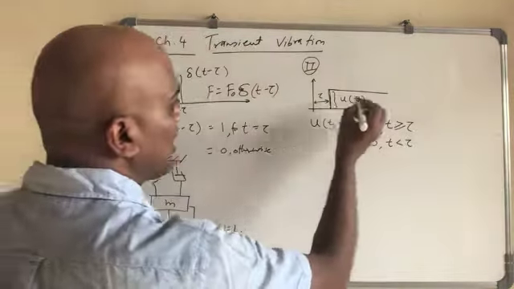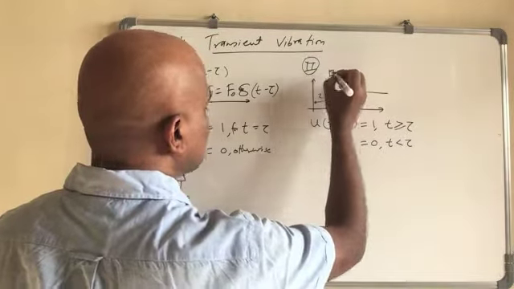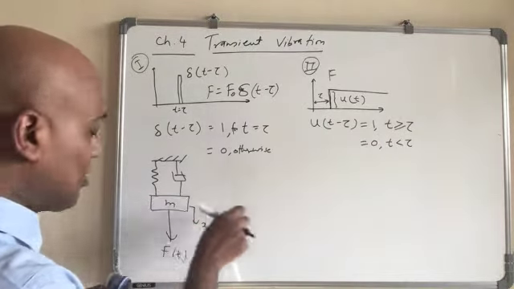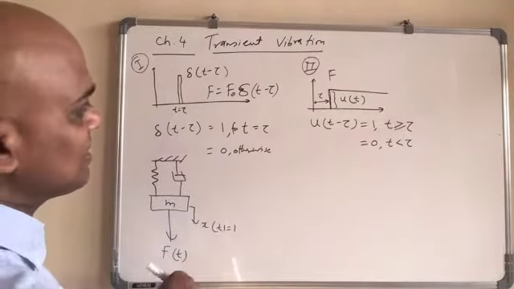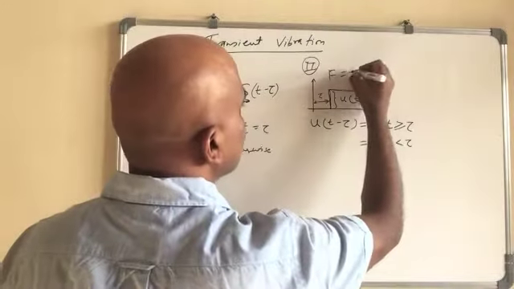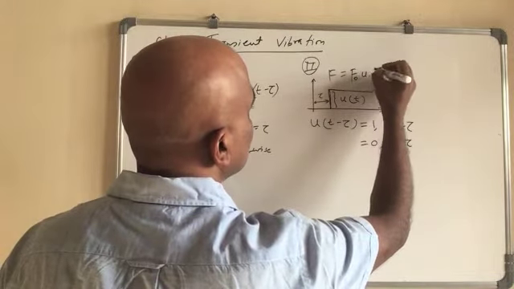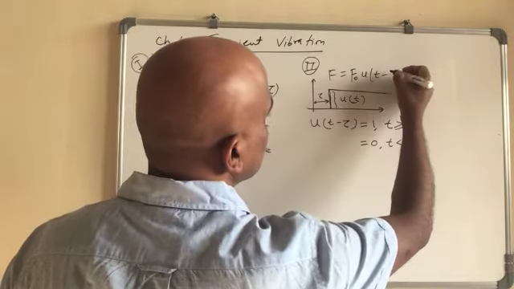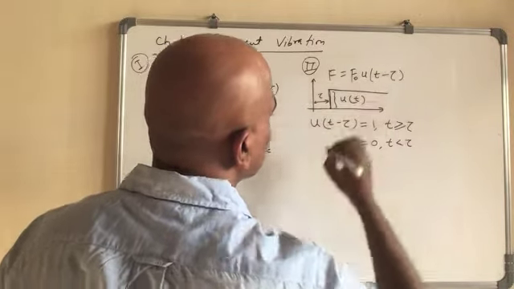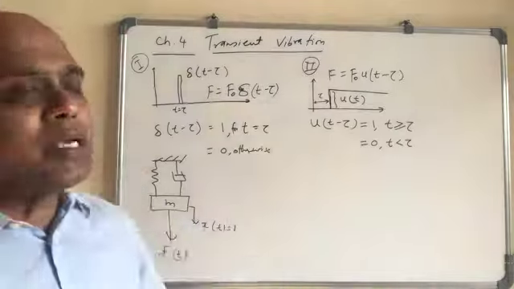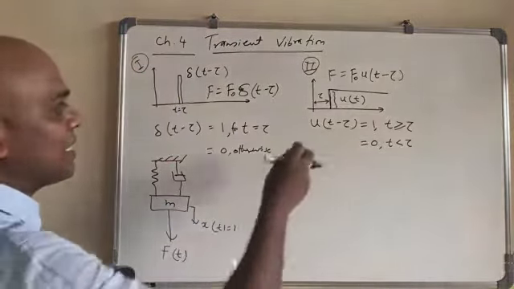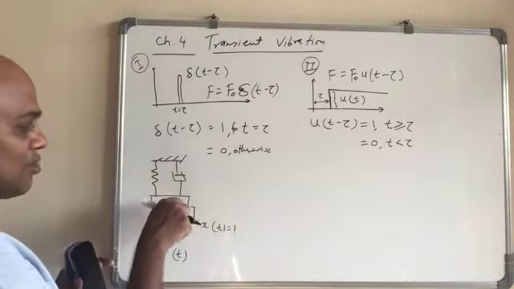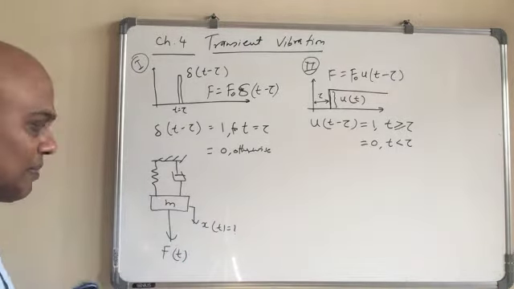So our force could be a step function, something like F naught u(t minus tau). At time t equal to tau, you have just applied a force.